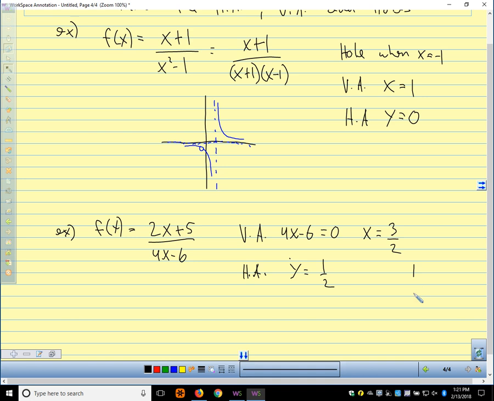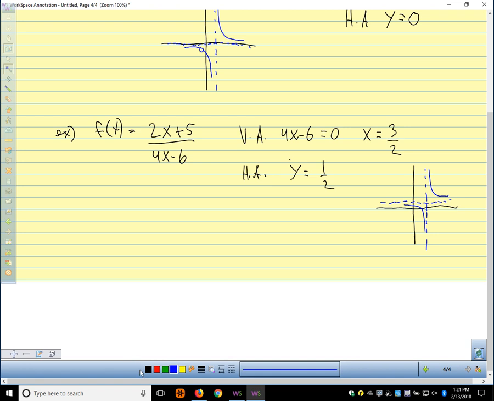And this rational function turns out to look like this. So that would be a graph of that rational function. Is this going to be on the quiz? No.